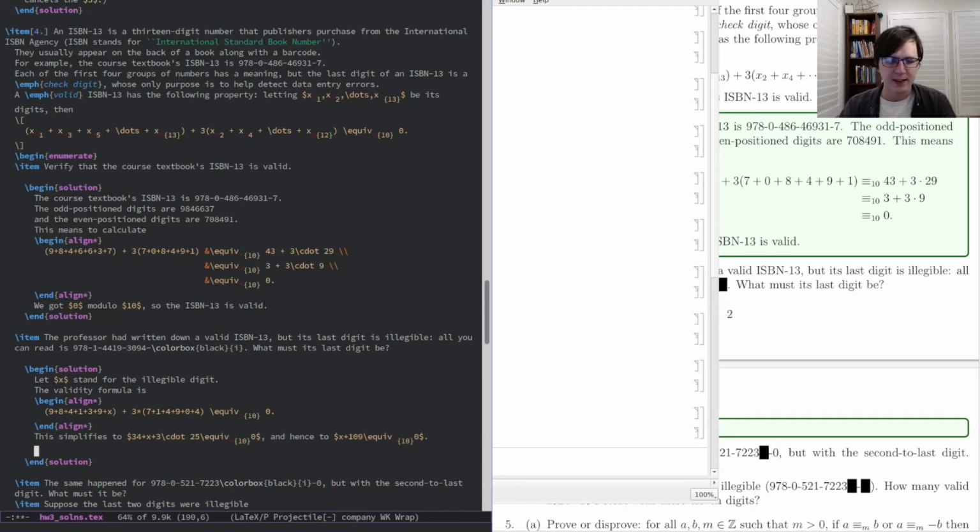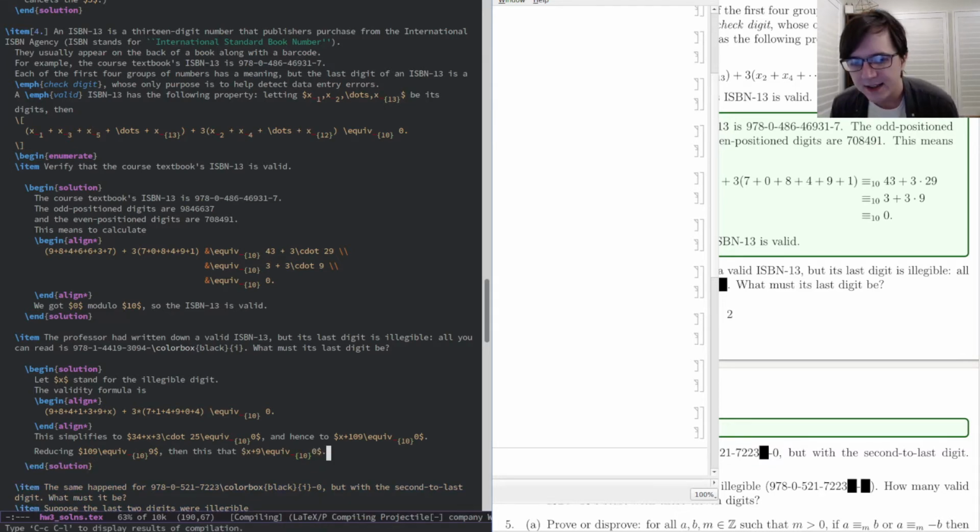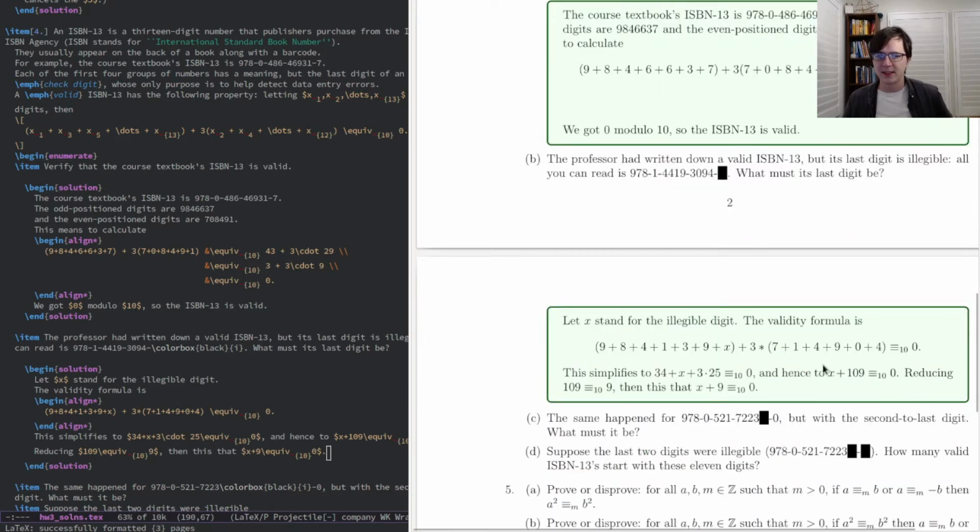But, okay, so modulo reducing 109 to 9. Well, yeah, why not? So x plus 9 is equivalent to 0 mod 10.